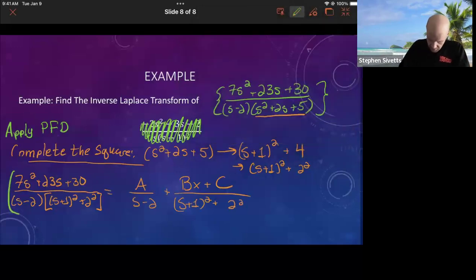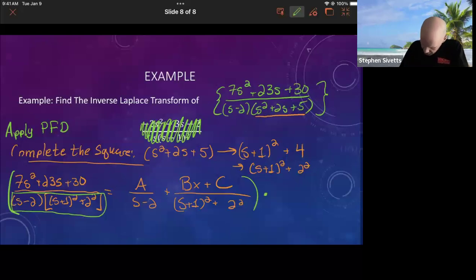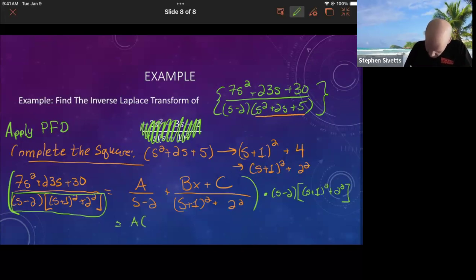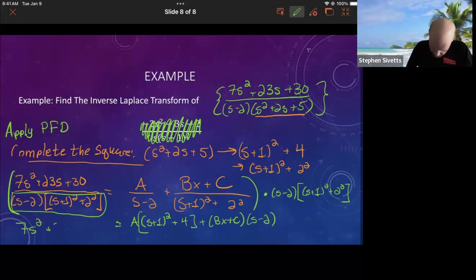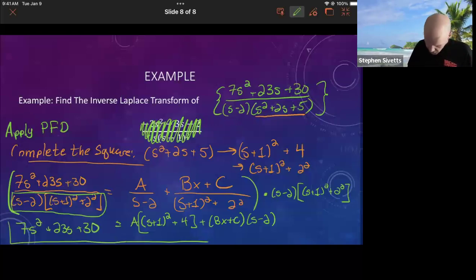And if we multiply both sides of this equation by the product of the factors in the denominator on the left-hand side, so we'll have s minus 2 times s plus 1 squared plus 2 squared. Okay? This would equal A times s plus 1 squared plus 4, and then plus Bs plus C times s minus 2, and that would equal 7s squared plus 23s plus 30. Okay, so we have this equation here.